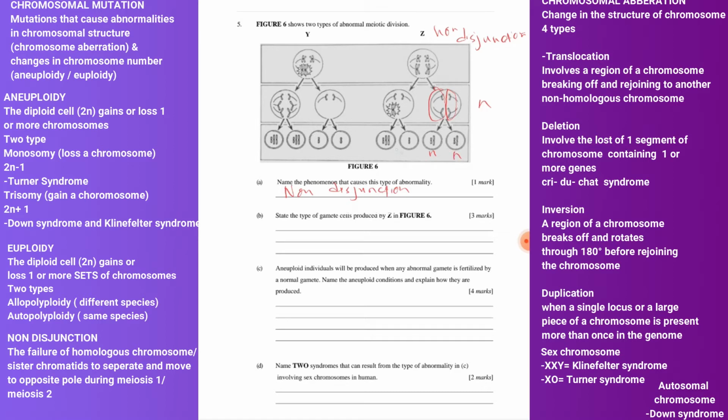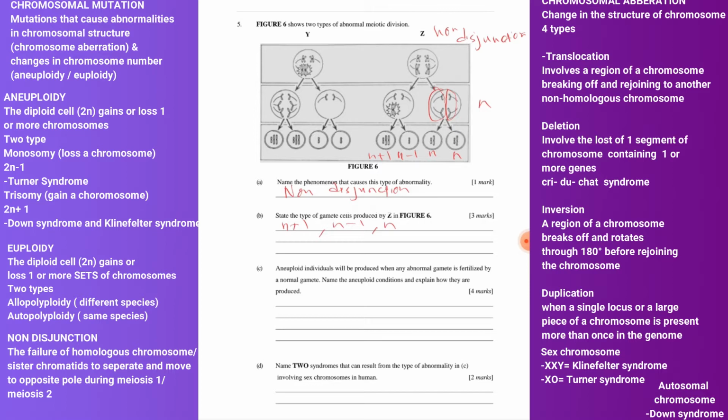This one is abnormal gamete because of N-1. This one is N+1. So the stated type of gamete cell produced by X is either N+1, N-1, or N, normal gamete.